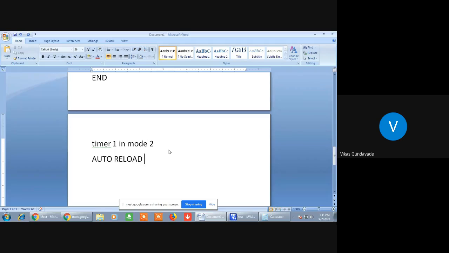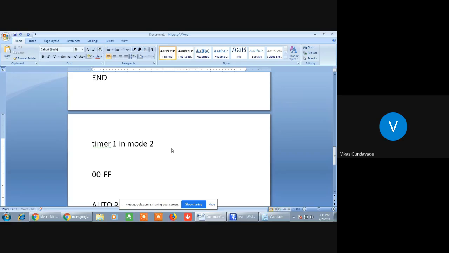Now, if we want to write the same program for mode 2, keep in mind that the maximum count we can load into the register is 00 to FF.